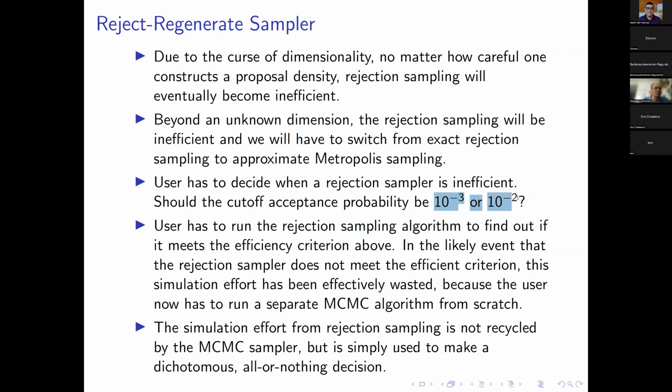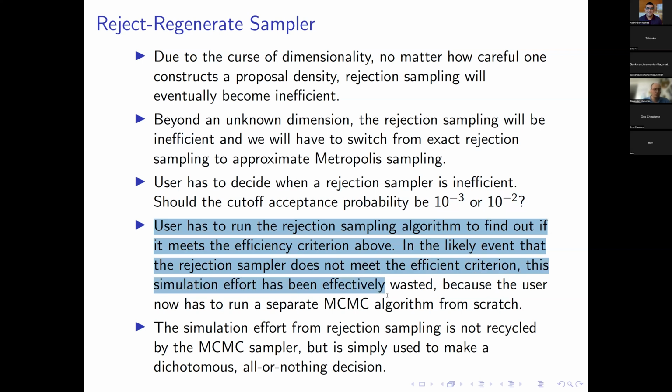You have to have a cutoff level. So this requires the user to make a decision about which algorithm to use, and you're kind of wasting simulation effort. So why not have a single algorithm that will combine rejection sampling and MCMC in one single algorithm?